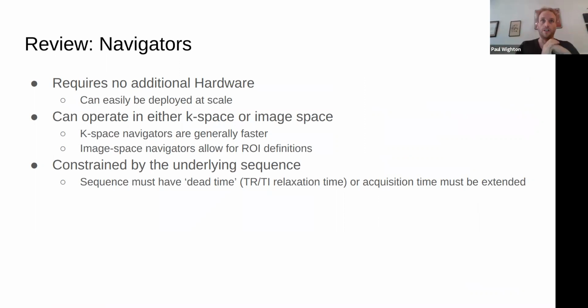K-space-based navigators are generally faster, but image-based navigators allow you to really drill into the anatomy that you care about and make sure that's the motion you're tracking. They're both constrained by the underlying sequence, image-based navigators more so than the k-space-based ones, but either there's dead time in your sequence where you can insert one of these, or the total time of your acquisition has to be extended.